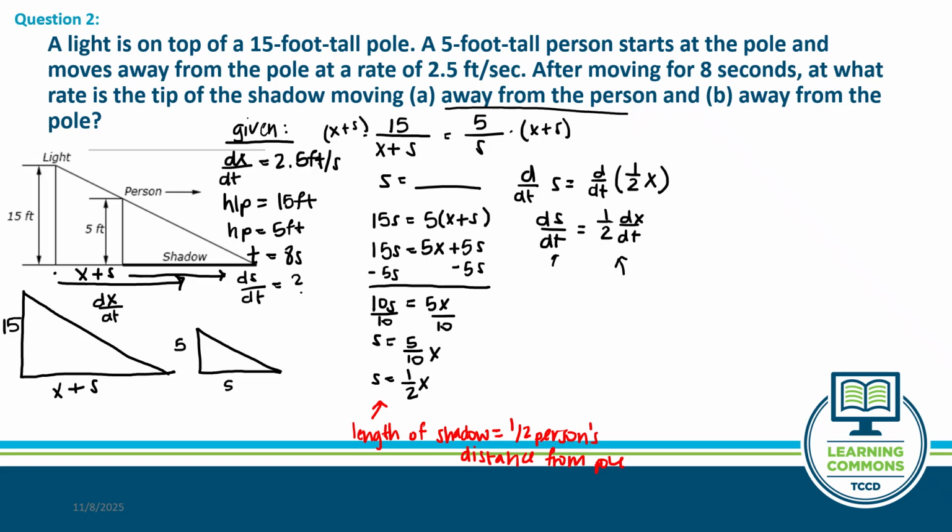So if I plug in one half, and then dx dt is 2.5 feet per second, and that will be 1.25 feet per second.